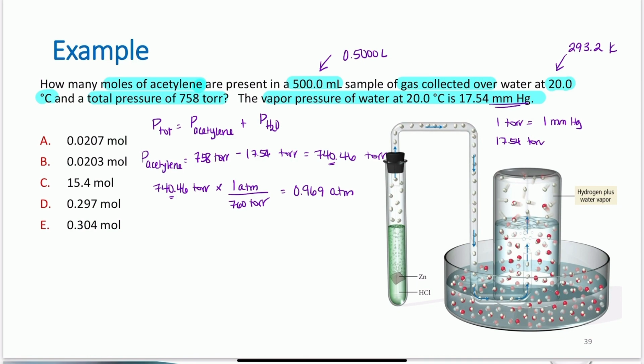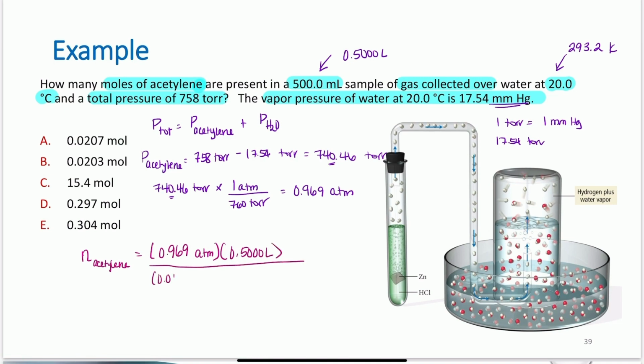Now I'm ready to find the number of moles. So the number of moles of acetylene is equal to the pressure of acetylene, 0.969 atmospheres, times the volume of your system, 0.5000 liters. Don't want to forget sig figs there.